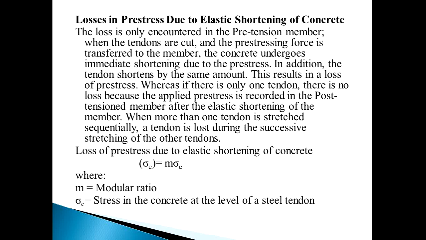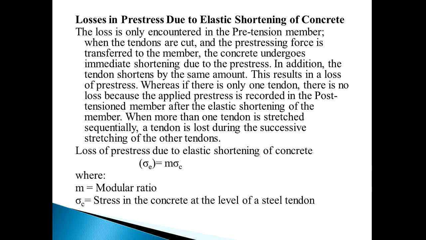So next one is losses in pre-stress due to the elastic shortening of the concrete. This loss is only encountered in the pre-tensioned member. When the tendons are cut and the pre-stressing force is transferred to the member, the concrete undergoes immediate shortening due to the pre-stress. In addition, the tendons shorten by the same amount.